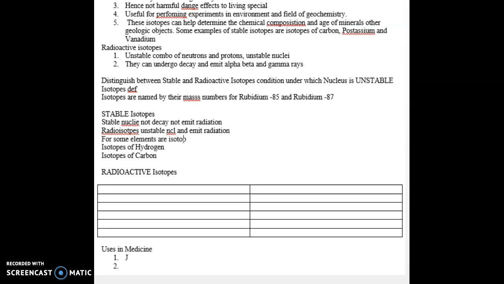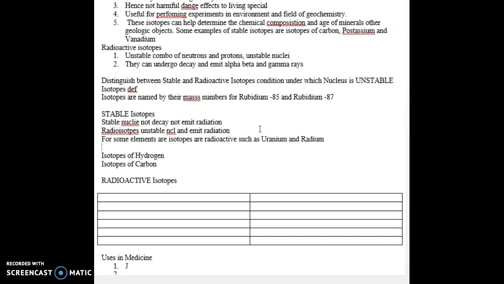All isotopes are radioactive, such as uranium and radium. That's for some elements only.